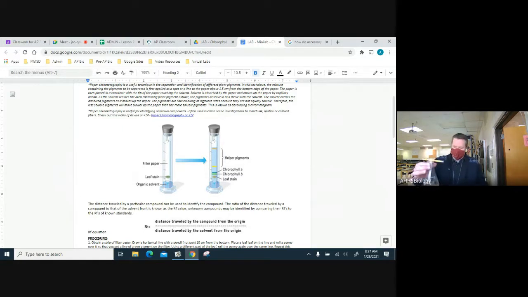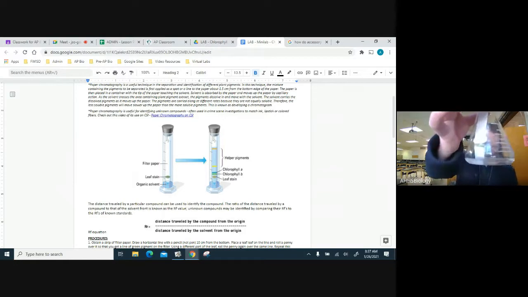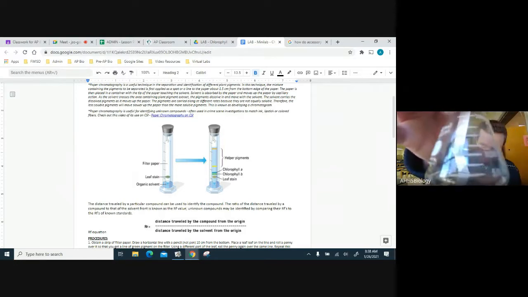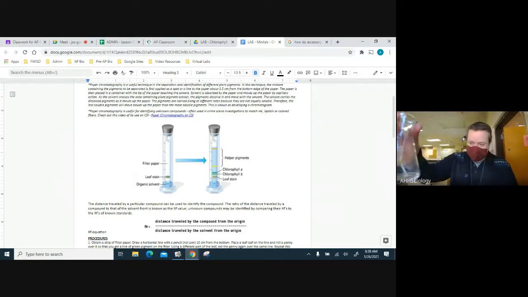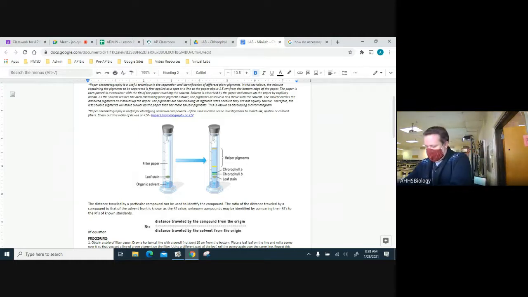Okay. The solvent is soaking up to the green right there. And in an hour or so, we should be able to see those pigments as they separate, and then I'll show you all those. But we're just going to let it sit right now.